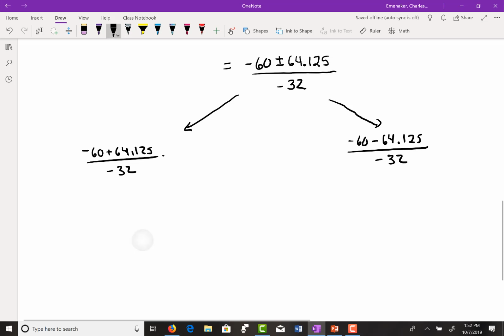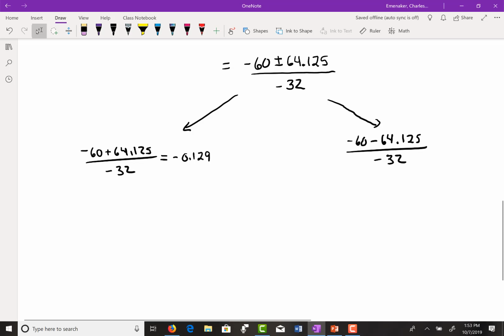If we work this first one out, do you see that it's going to wind up being a negative value? Because we're going to wind up with a positive 4.125 divided by the negative 32. And that's going to give us a negative 0.129.